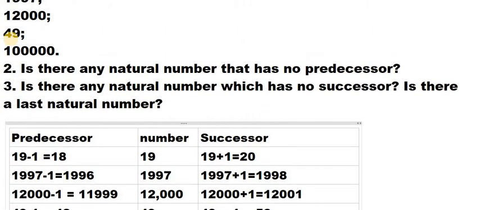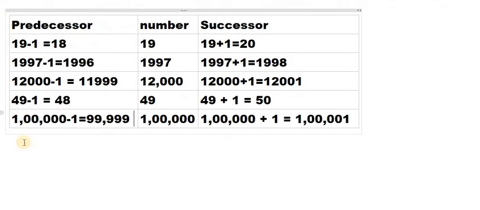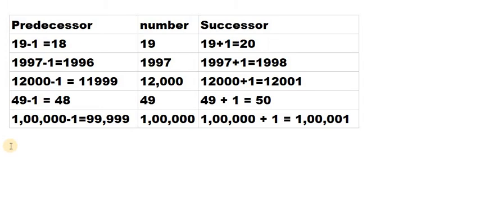And what is the next question he is asking here? Is there any natural number that has no predecessor? Natural numbers start with 1. Predecessor means the number before, so there is no natural number that is the predecessor of 1. So what is the second solution?